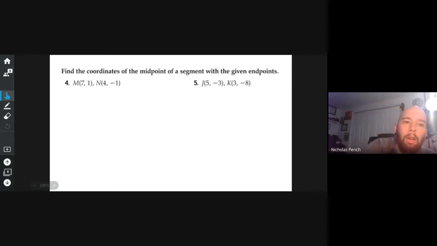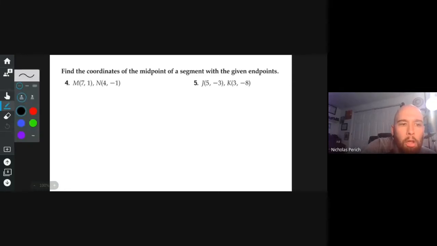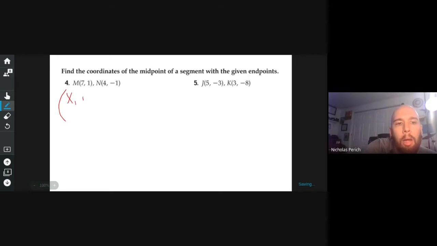But that's not good enough. Let's show our work because we're good students. My formula is x sub 1 plus x sub 2 divided by 2, average, and y sub 1 plus y sub 2 divided by 2.